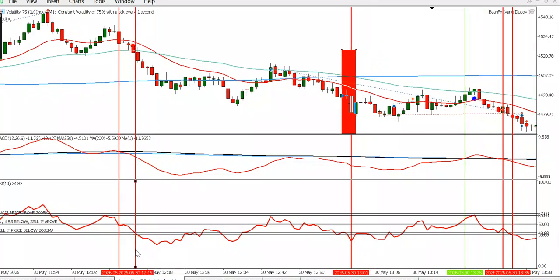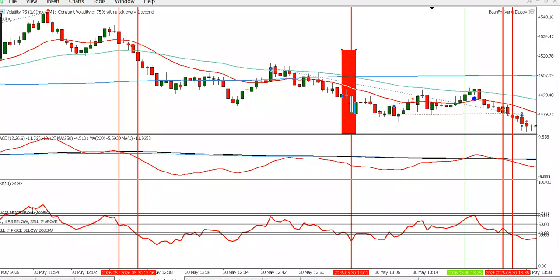But the most significant is when it drops from above 62 level and the first cross below 38 level. That's your actual sell signal.